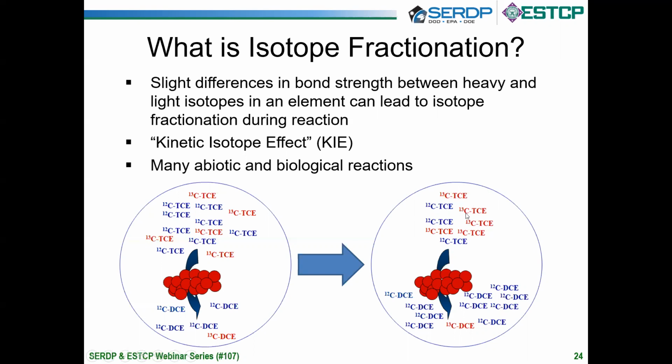So we see a higher ratio of the C13 TCE compared to C12 TCE in the remaining parent. And conversely, with the daughter product, in this case cis-DCE, we start out with a low concentration. Assuming this isn't degrading, it gets higher and it's depleted isotopically. So this is getting isotopically lighter, the parent is getting isotopically heavier, and essentially this is isotopic fractionation.